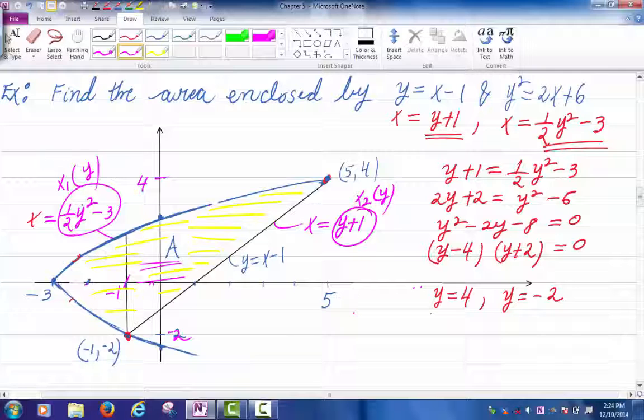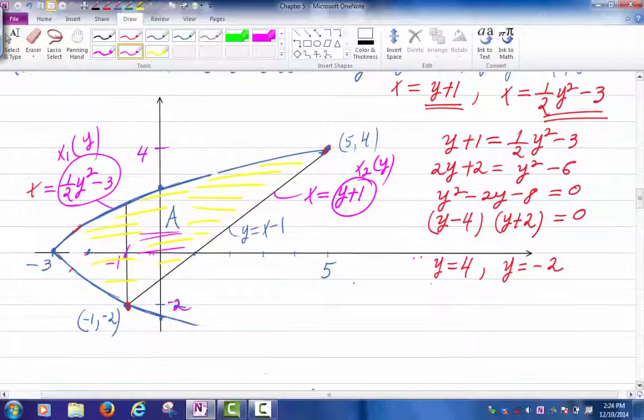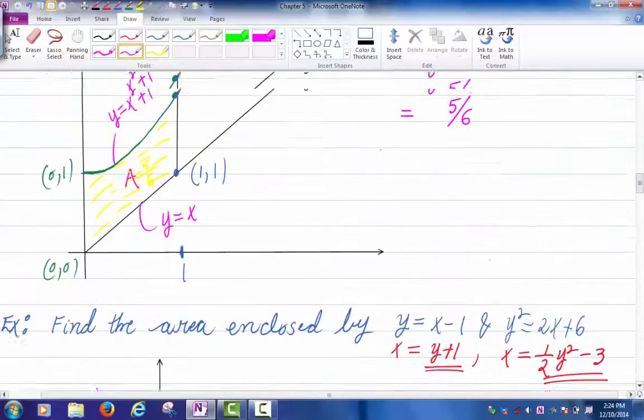So what's the area A then? What is the area A? It is what integral? Remember, type 2 means what?